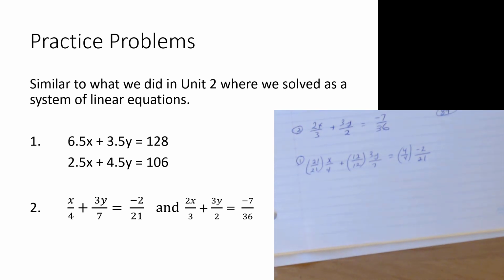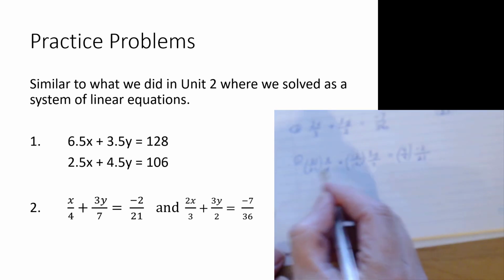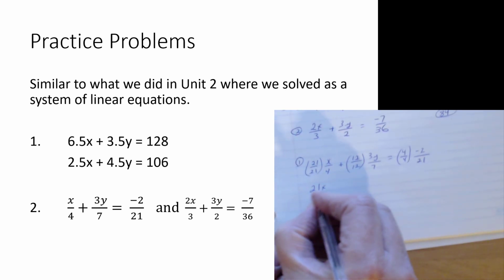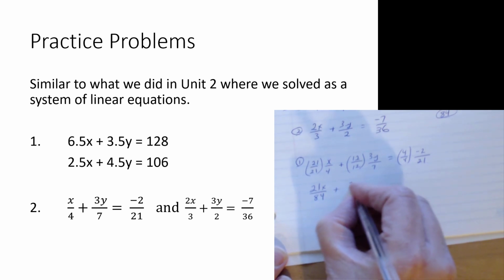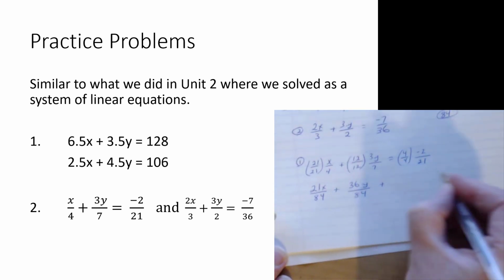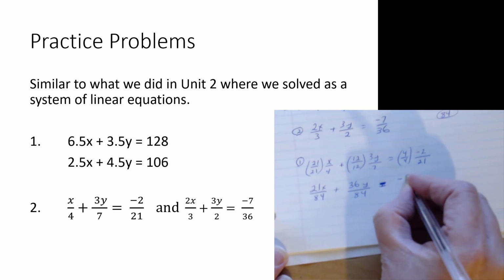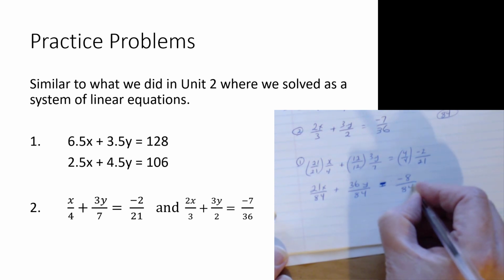So not changing anything. What ends up happening here is I get 21x all over 84, plus 36y, again over 84, equals minus 8 over 84.